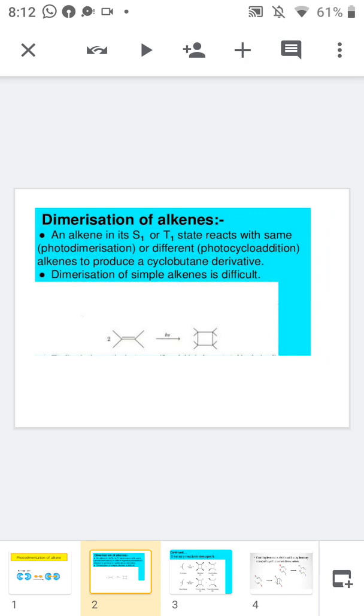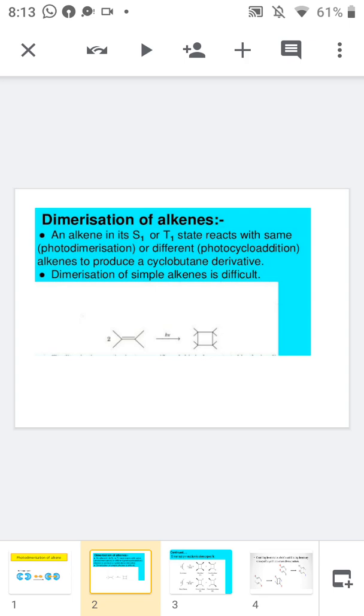You know that alkene consists of a multiple bond and it absorbs the UV radiation and is excited into the singlet state and finally goes to the triplet state, and in the triplet state it reacts with the same molecule or sometimes a different alkene, with differences in substitutions or functional groups, and the photocyclization addition reaction occurs between the alkenes to produce cyclobutane derivatives.